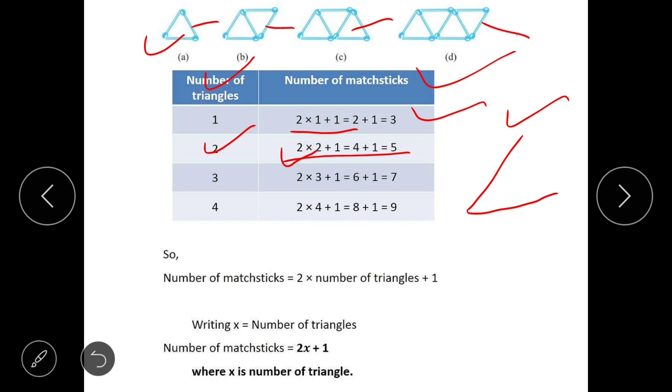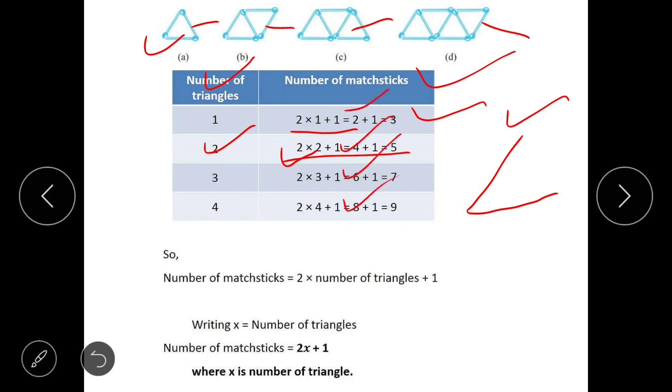That is why I have written 2 into 1, 2 into 2, 2 into 3. Because as the number of triangles increases, the number of mastics required becomes a multiple of 2. That is 2 multiplied by 1, then 2 multiplied by 2, then 2 multiplied by 3. And this 1 I am adding is for the mastic that I have removed.